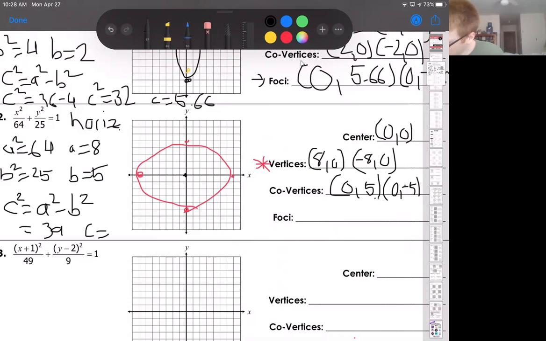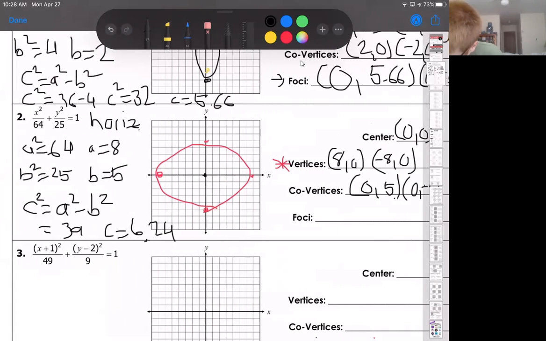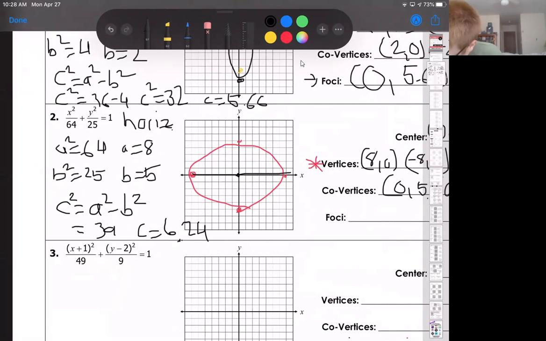So the square root of 39 is approximately 6.24. And remember, since this is horizontal, your focus points are always going to be on your major axis. So it's going to be added to the x values.